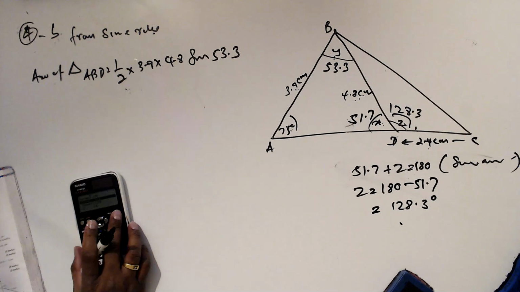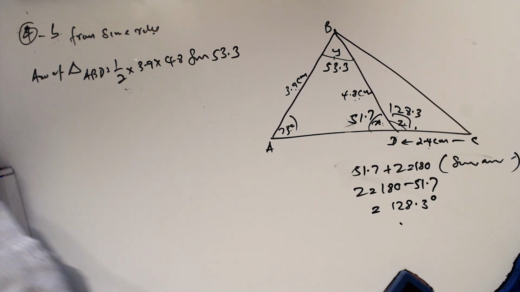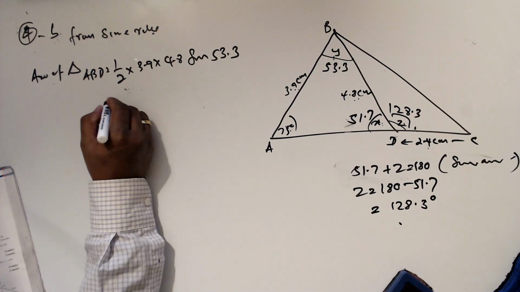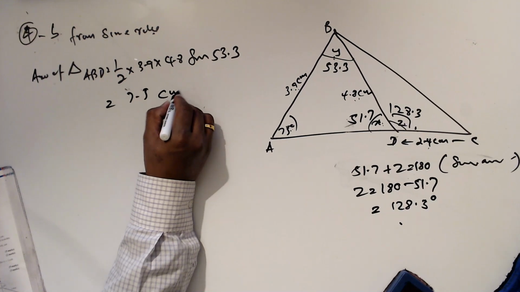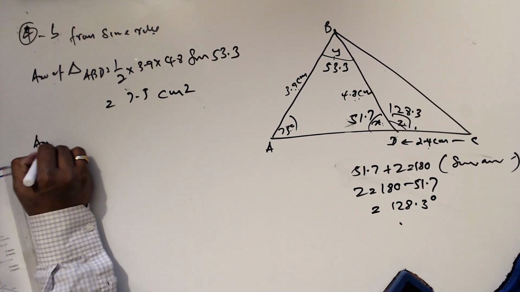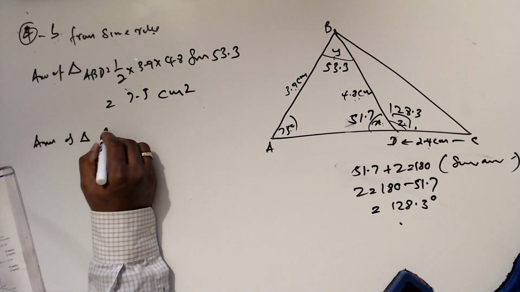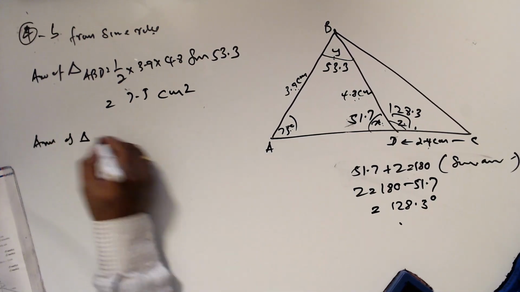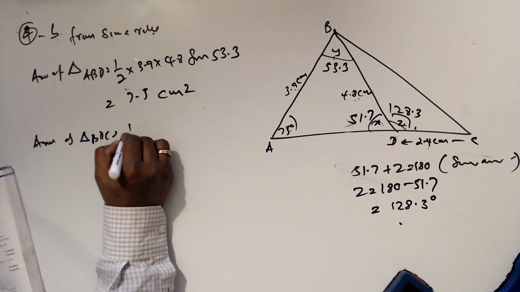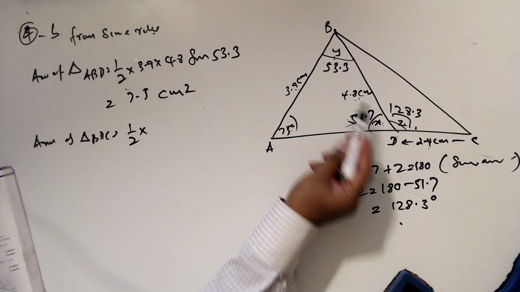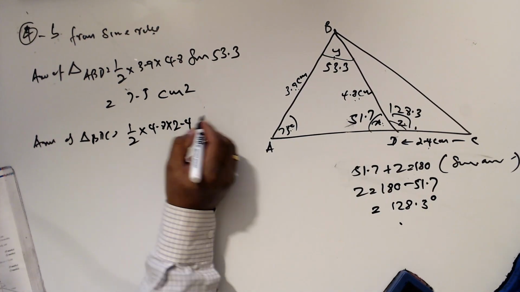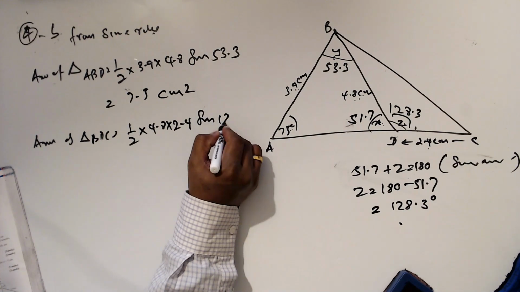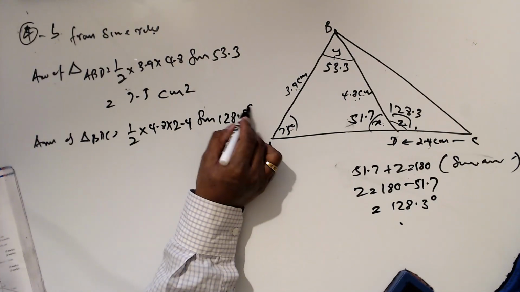Sorry. So that answer is 7.5 cm square. Then area of triangle BDC is 4.8 times 2.4 times sine 128.3.